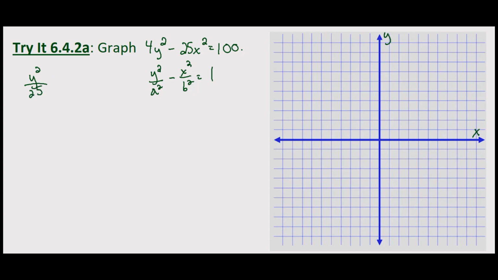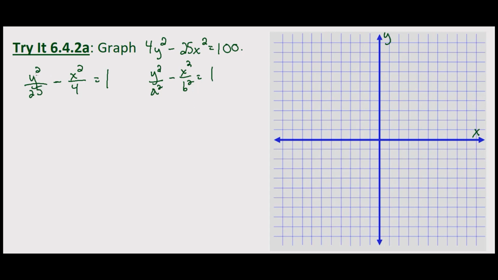In other words, when we divide by 100, the 4 cancels and we're left with 25 in the denominator, minus x squared over 4, since 100 divided by 25 is 4, and then 100 divided by 100 equals 1. So now we have our standard form.